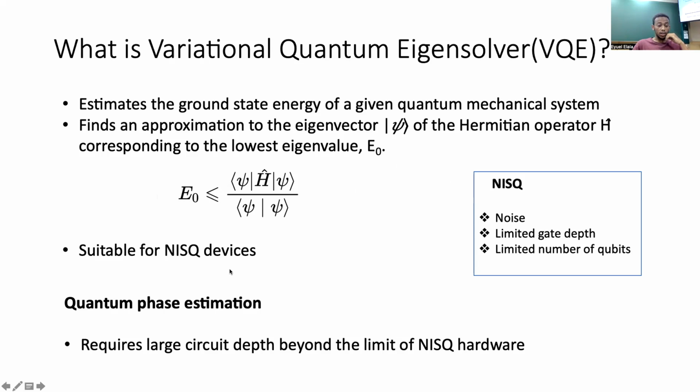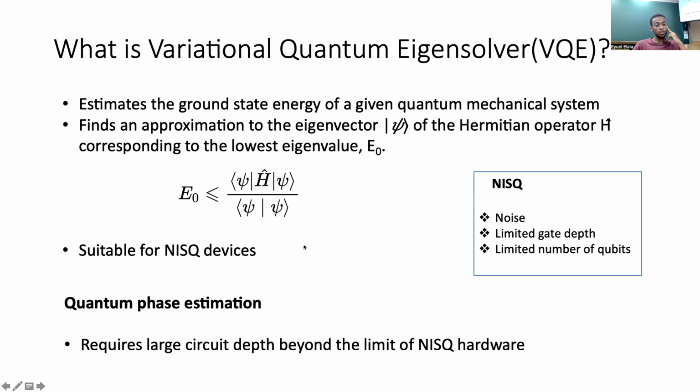We can do this kind of eigenvalue estimation using the quantum phase estimation algorithm, but quantum phase estimation requires larger circuit depths, which is not suitable for NISQ devices. So we are using the VQE, or variational quantum eigensolver, because it's suitable for NISQ devices. When we say NISQ devices, they have some properties: they have noise, limited gate depths, and a limited number of qubits.